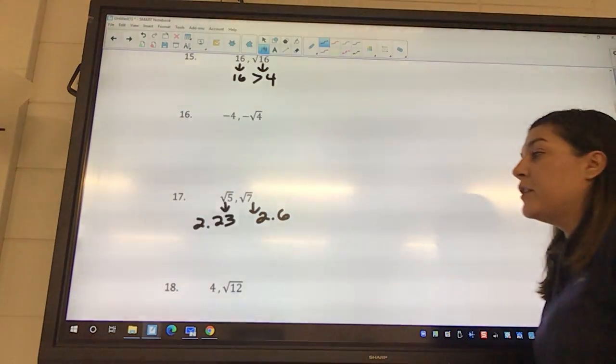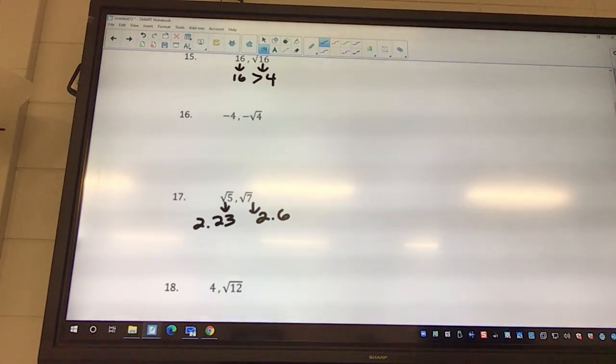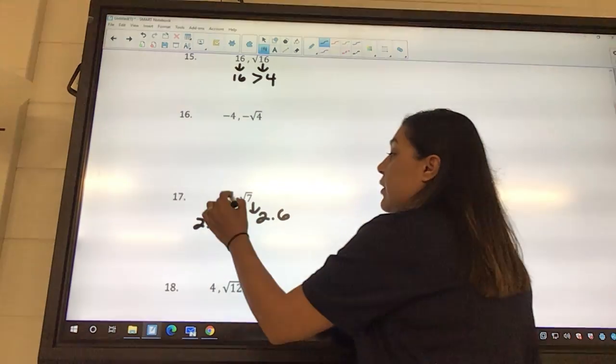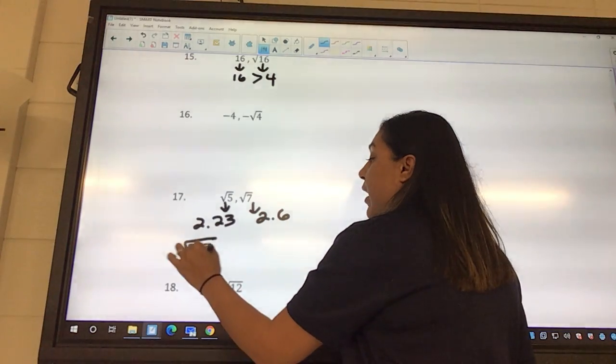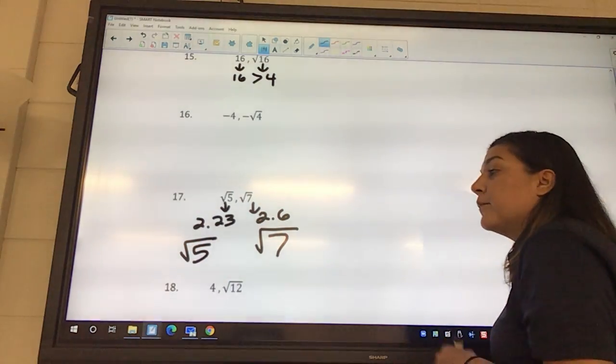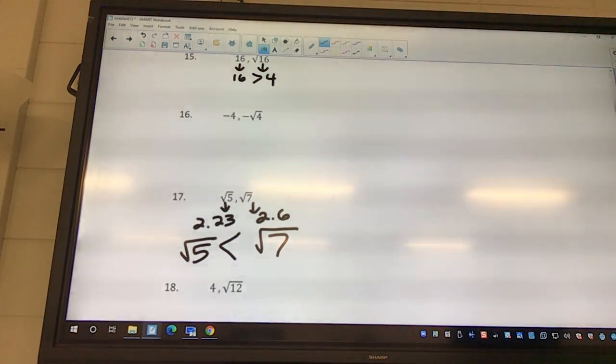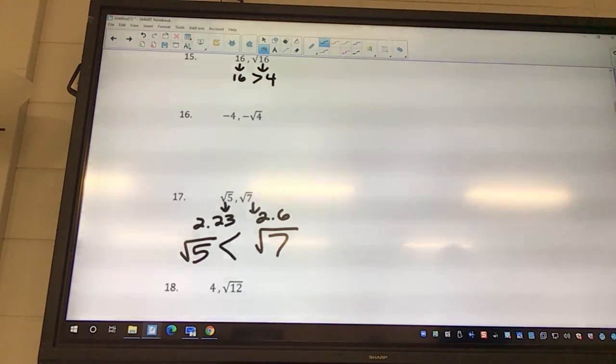So which one is bigger, 2.2 or 2.6? 2.6. So that means out of the square root of 5 and the square root of 7, which one is bigger? The square root of 7. And so that mouth should be facing towards the 7. He needs to eat the 7.